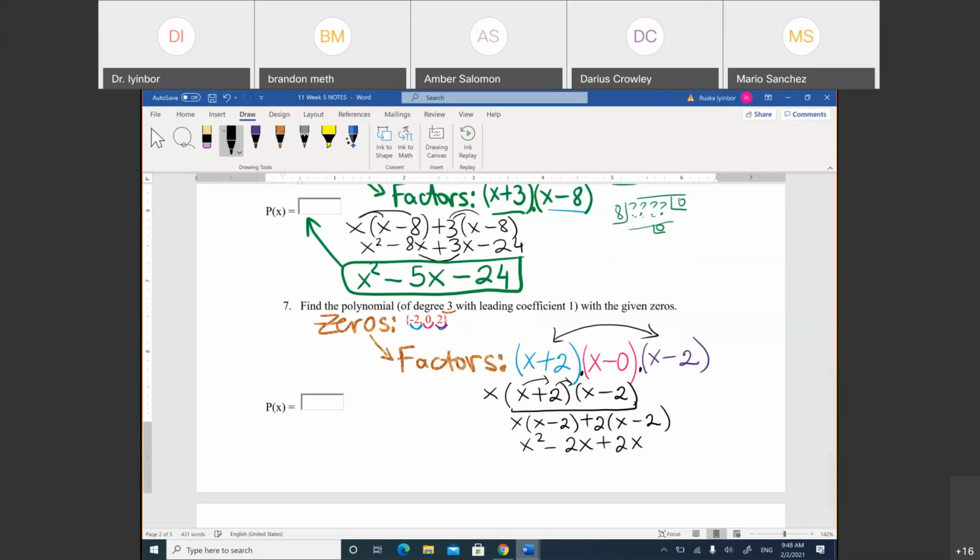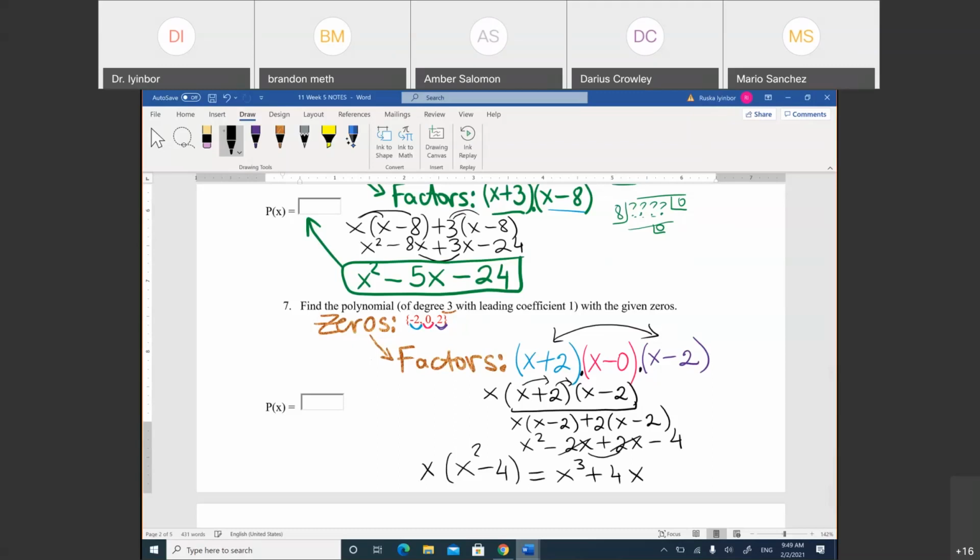And 2 times negative 2 is negative 4. And then you're going to combine these two. They actually cancel out because 2x minus 2x is 0. So when I multiply, I get x squared minus 4. And then this should be multiplied by x one more time. So we're going to get x cubed plus 4x.